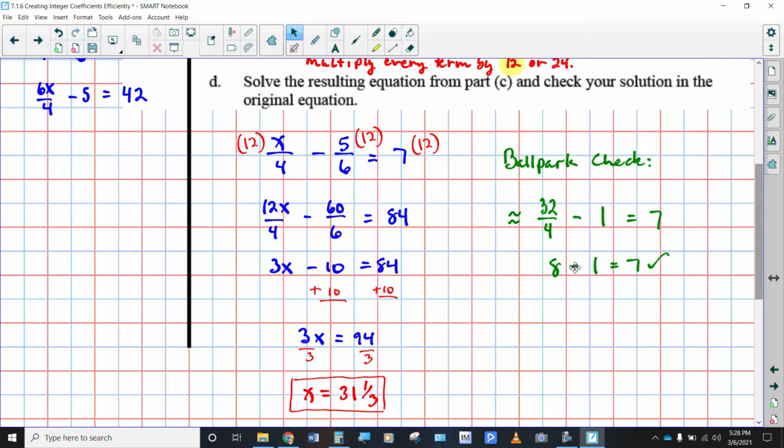But if using the ballpark method, if you're rounding these numbers to make it easier to check mentally, if you end up seeing that it gives you something that's really, really close, like within a few hundredths or maybe a tenth of the correct answer, then you probably got everything correct and you can feel confident. Now, worst case scenarios, you get it wrong, but then if you hadn't checked it, you would have gotten it wrong anyway. So you might as well use the ballpark method and see if you can't feel a little bit more confident about your answer. This is, in fact, the correct answer.